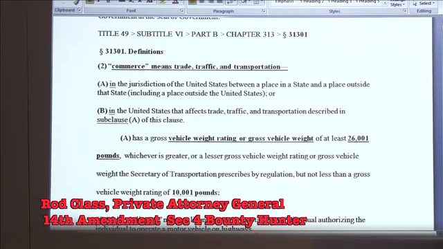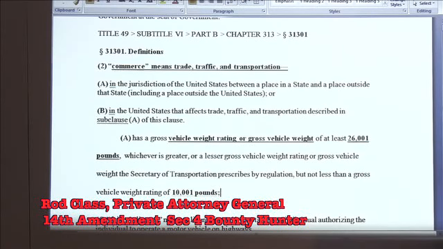A vehicle's weight rating or gross weight of at least 26,001 pounds, whichever is greater, or gross vehicle weight rating or gross vehicle weight the Secretary of Transportation prescribes by regulations, but not less than a gross vehicle weight of 10,001 pounds.